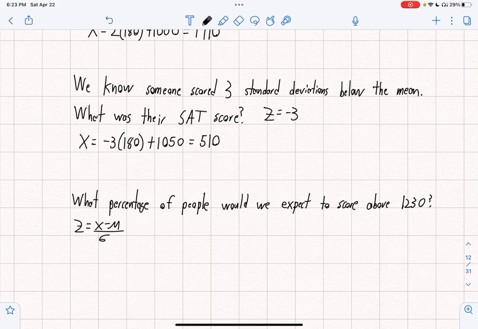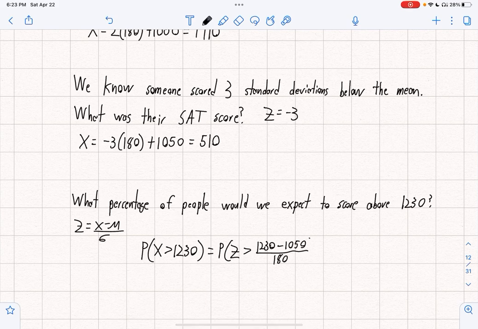So this question is asking what's the probability that, or what percentage of people would have scored above 1230? So x greater than 1230. So now we z transform: probability that z is greater than 1230 minus our average 1050 over sigma 180.